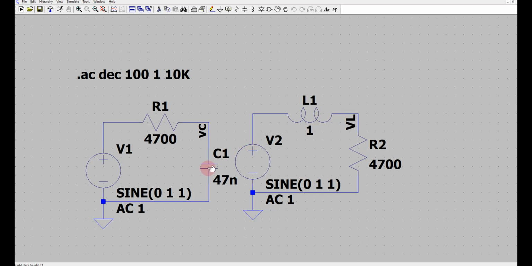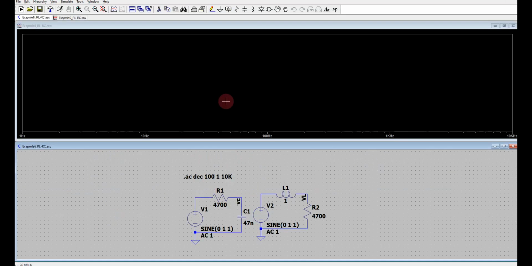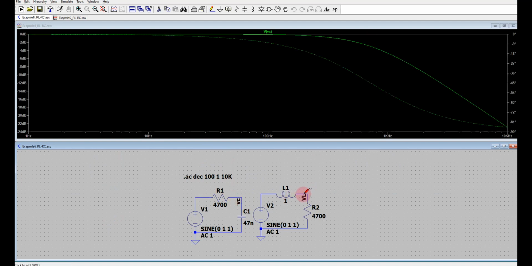So capacitors are the ones which are more preferred, but for theoretical purposes, this is the response and this response is exactly matching. As far as theory is concerned, only the positions get swapped. If the inductor is in series here, it will be in parallel there. If it is in parallel here, it will become series there.